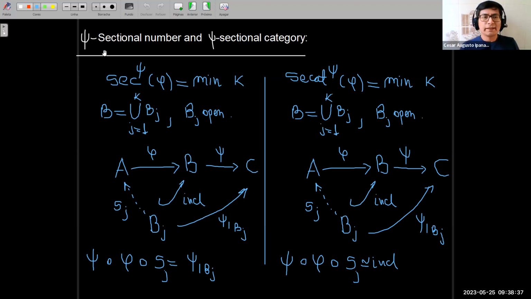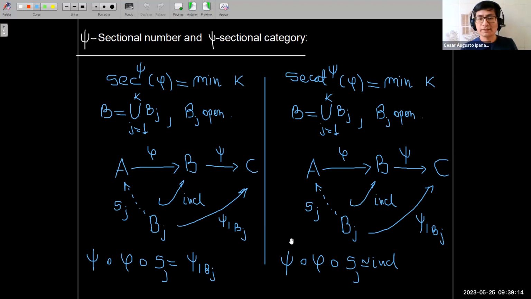Here C is a map from B to C, and phi is a map from A to B. The C-sectional number of phi is the minimum number such that B admits an open covering, where on each open set there is a map to A such that this composition is equal to the restriction map.